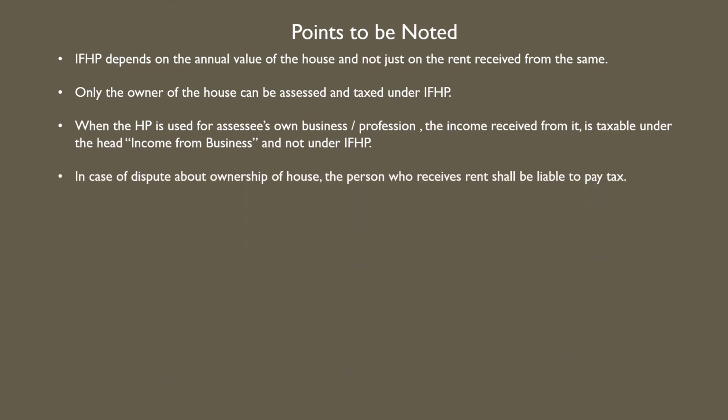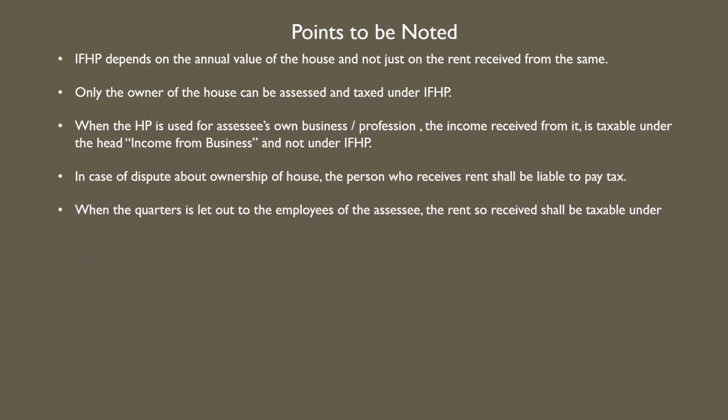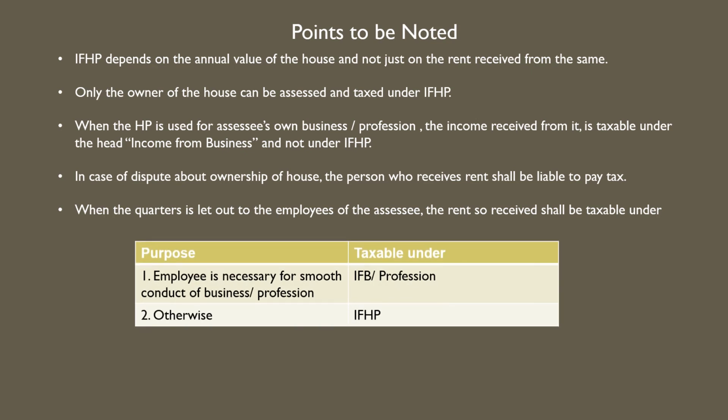In case of dispute about ownership of house, the person who receives rent shall be liable to pay tax. When the quarters is let out to employees of the assessee, the rent so received shall be taxable under the following. If the employee is necessary for the smooth conduct of business or the profession of the assessee, then the rent received from that employee will be taxable under income from business or under profession.